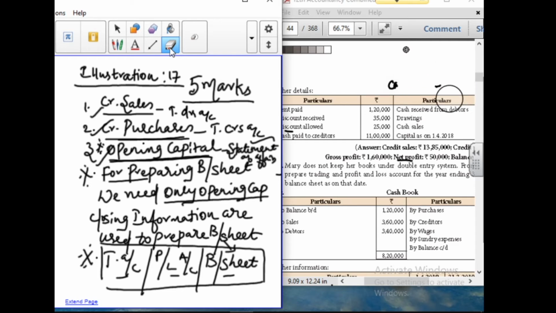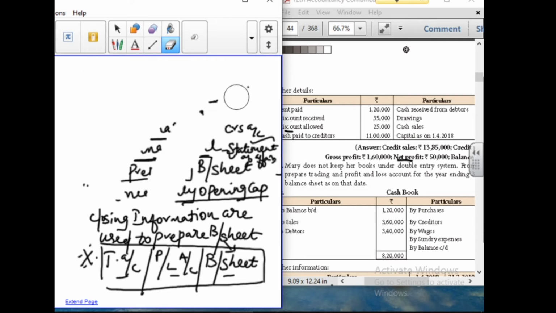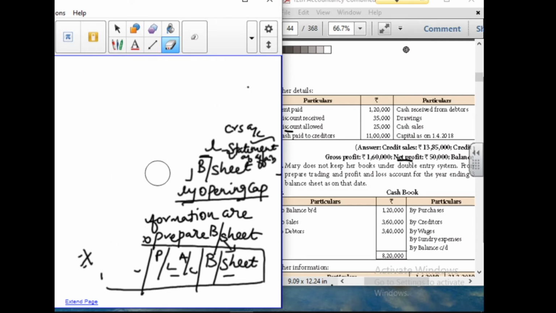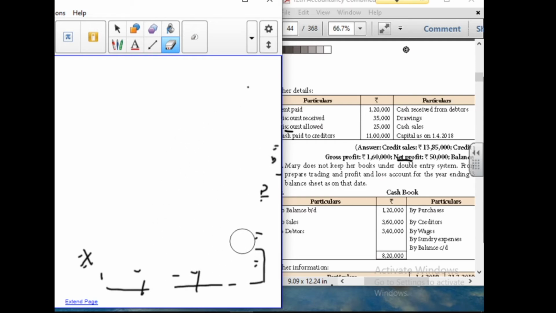So with this available informations, we are going to prepare the trading, profit and loss account and balance sheet. First, I'll repeat again, what are the things you have to keep in mind while doing the problem. First we have to prepare the total debtors account, total creditors account.